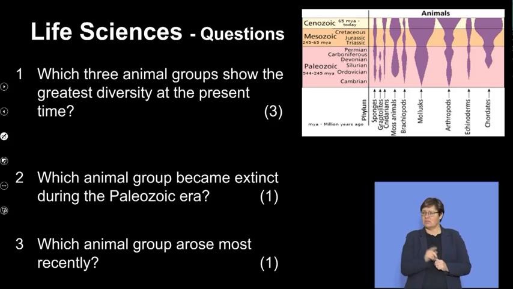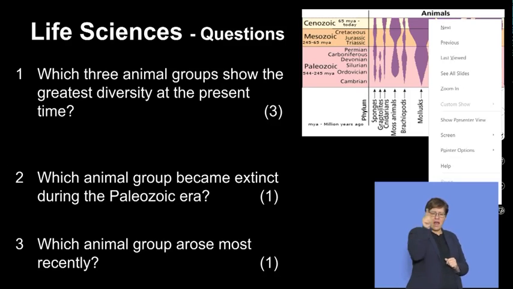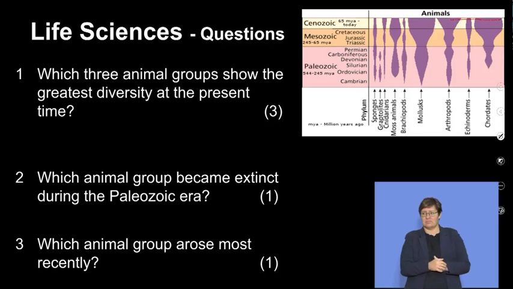So the present time, that's the line at the top, all the way along. And we're looking for the ones which show the greatest diversity, and that is chordates, which are vertebrates, mollusks, and arthropods.